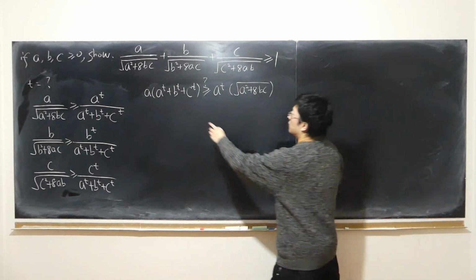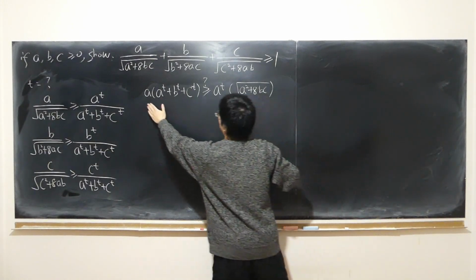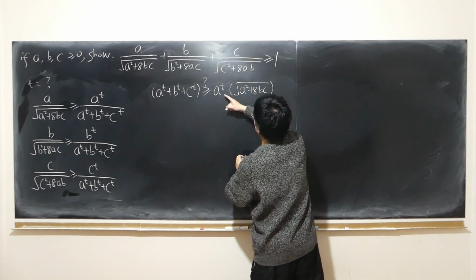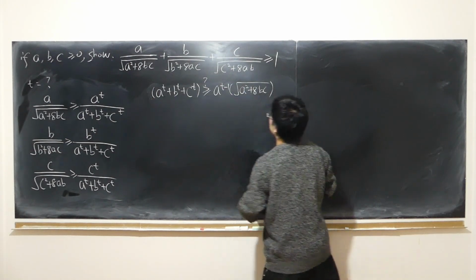And when you divide this a over here, then you have a to the t minus 1.